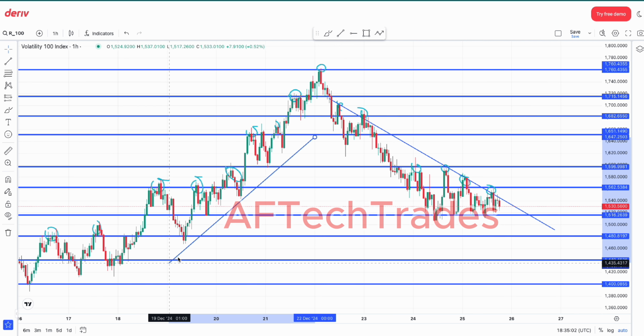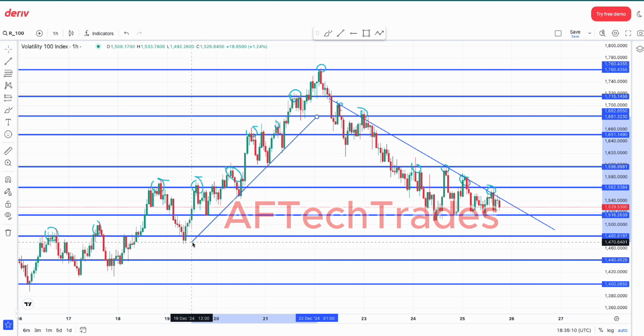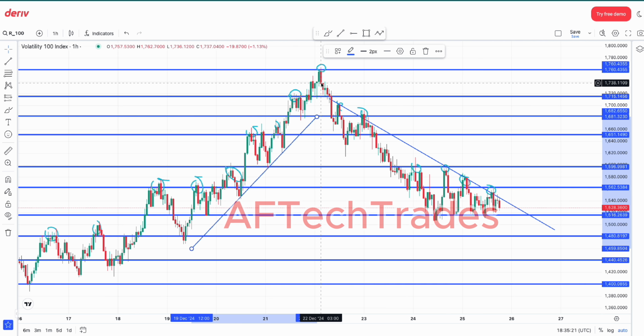Or if you feel like, you can start from, let's move this up. Let's see if it touches here. Okay, here we have 3 touches here, which is fine also. We have 3 touches here, right?